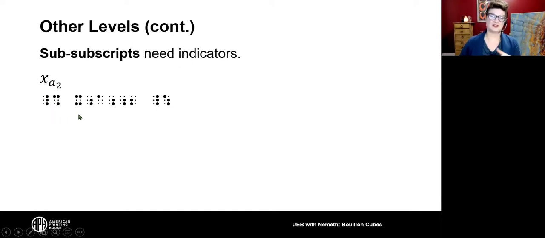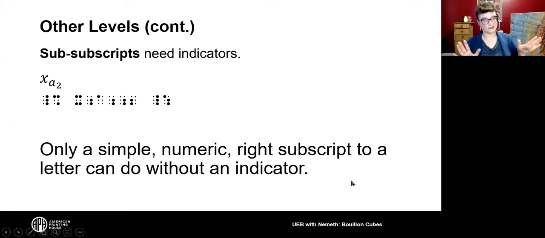We transcribe these subscripts in Nemeth Code using X, subscript indicator, A, subscript indicator. So that's 2 cells of dots 5, 6, and then the numeral 2. Again, only the simple numeric right subscripts, like in the slope formula we looked at, where y2 minus y1 over x2 minus x1, only those simple numeric right subscripts to a letter can do without the subscript indicator.